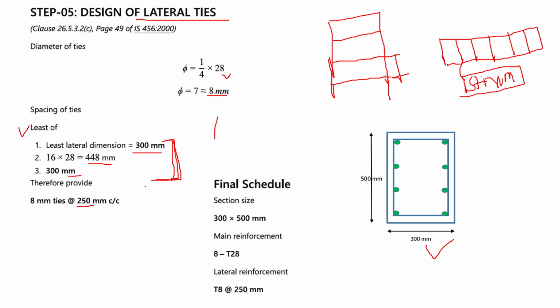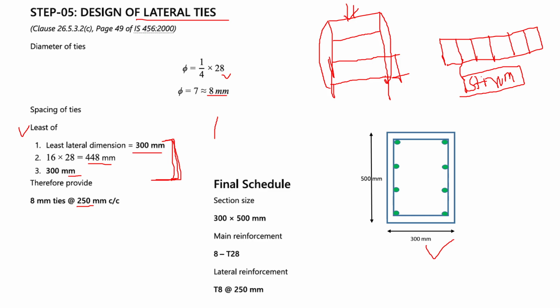Now, the main question is why I am using the lateral bar. What is the purpose of using the lateral tie? Whenever you apply the load, if the load is heavy, it resists bulging, and it holds the longitudinal bars.